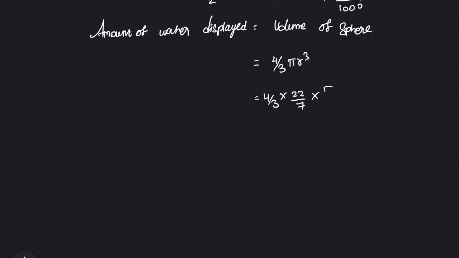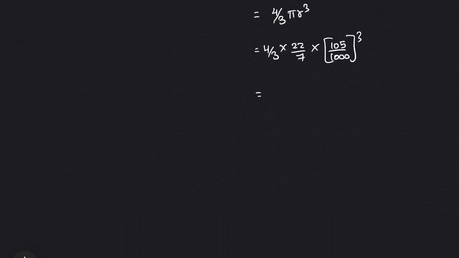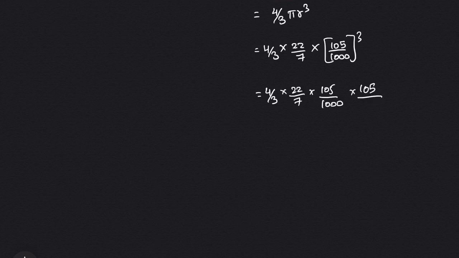So now I replace 105 divided by 1000 whole cube. After simplifying, the final value is 0.004851 meter cube. So this is the final volume and the amount of water displaced.